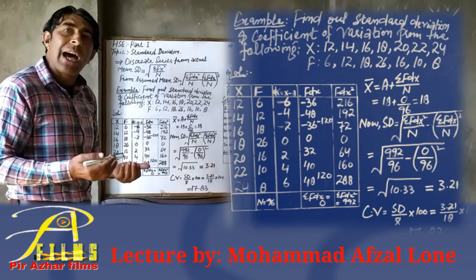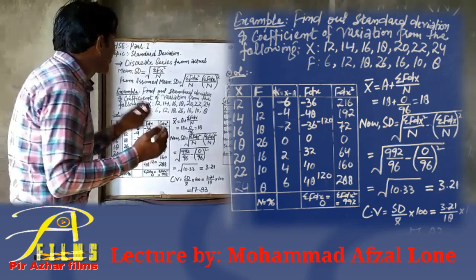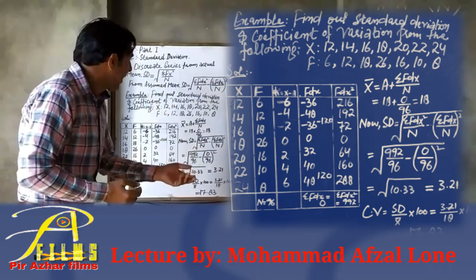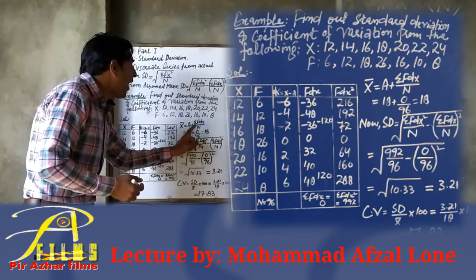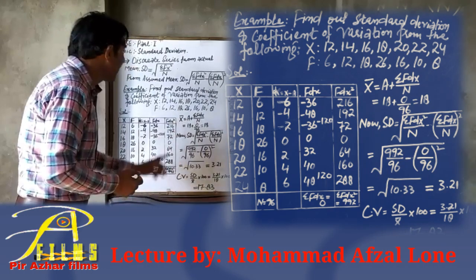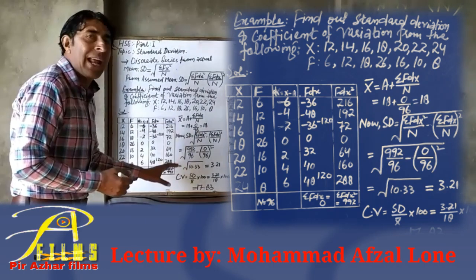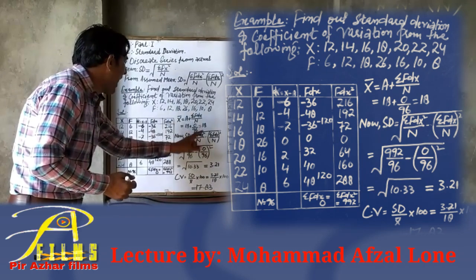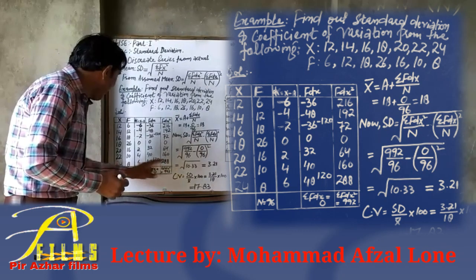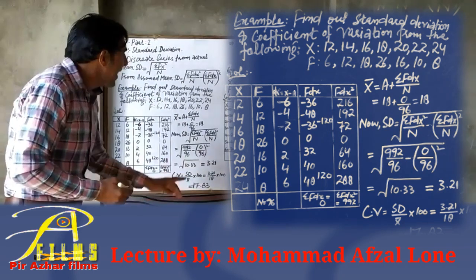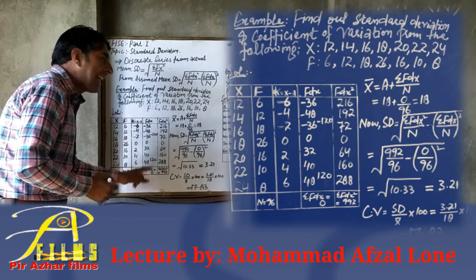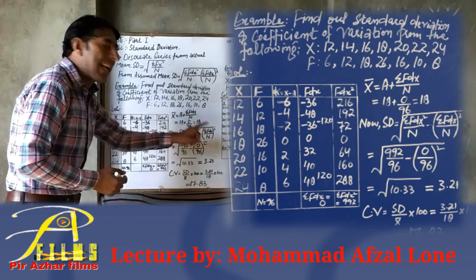Now let's use the formula to calculate the standard deviation in the discrete series. SD, the standard deviation, is equal to under root of summation of f dx square divided by n minus summation of f dx divided by n whole square. Now inserting the values in the formula, in place of summation of f dx square, we write 992 divided by n, which is 96, minus summation of f dx, that is 0, divided by n, that is 96.